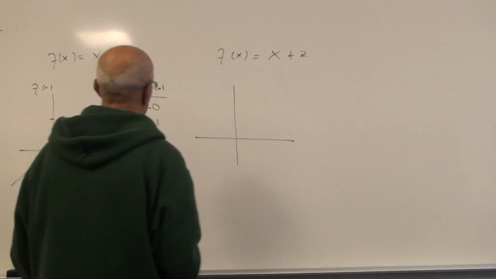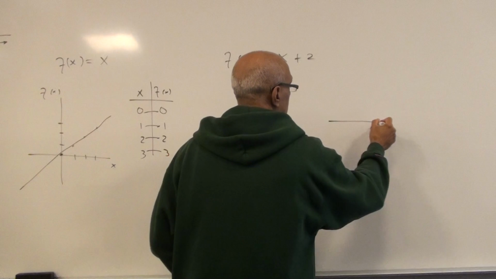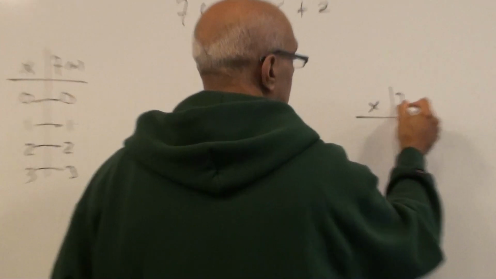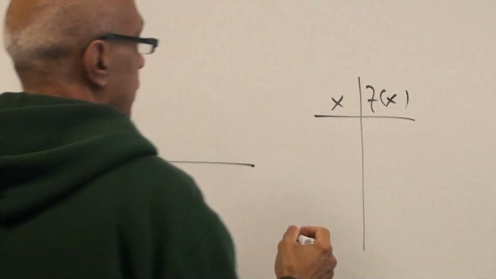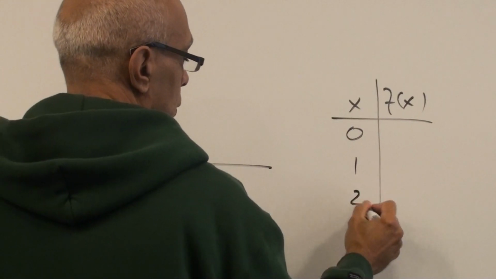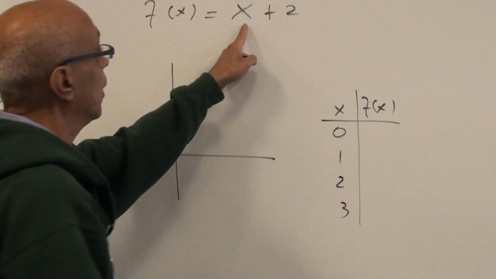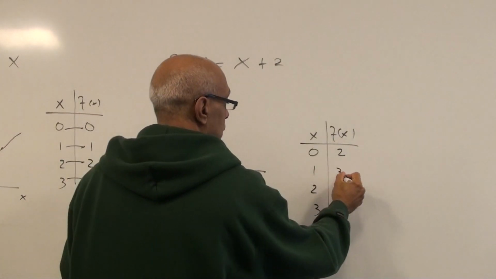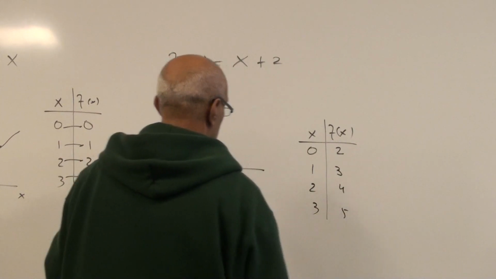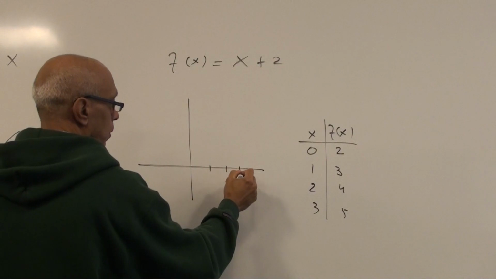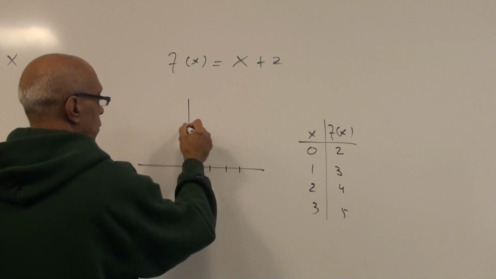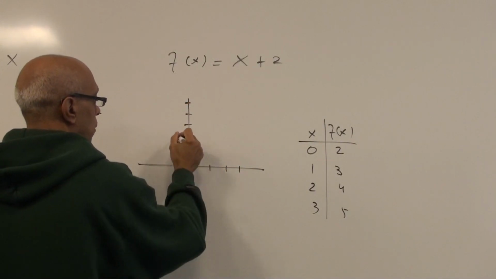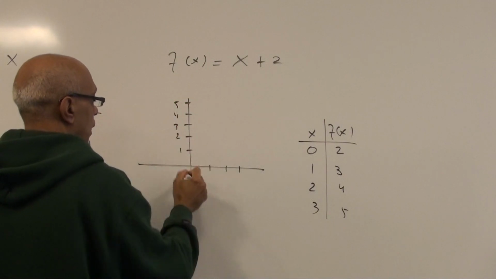If you want, I can do the table here again, right? And see what happens. So 0, 1, 2, and 3. So when x is 0, now I'm going to have 2, and then 3, and then 4, and then 5.